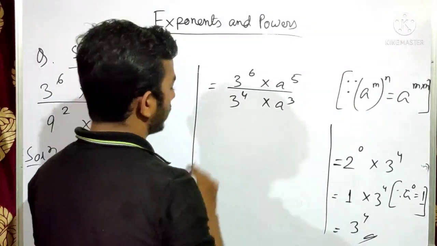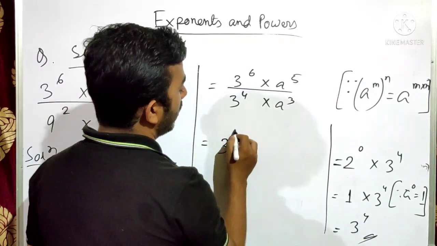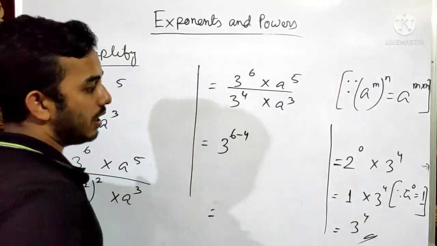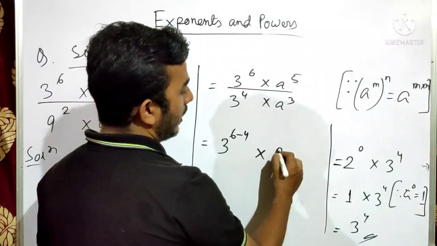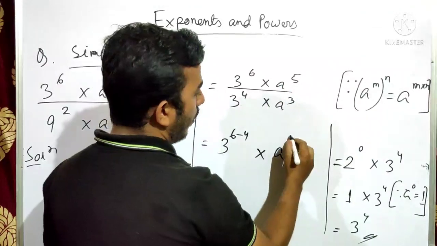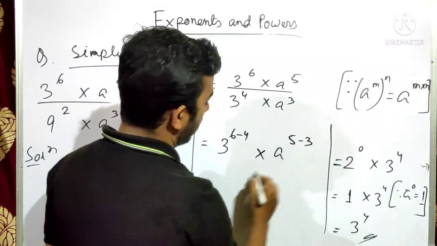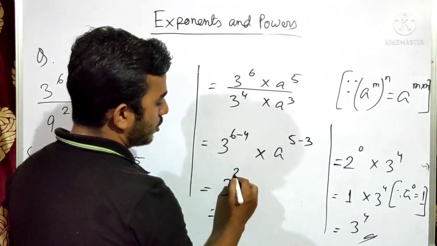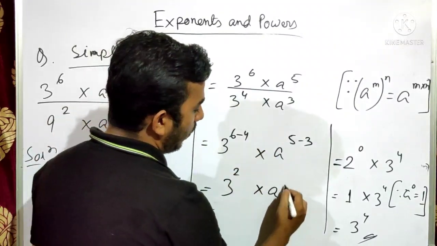Very good. Next, again a power m divided by a power n, it will be a power m minus n. Okay, now look, 3 power 6 minus 4 is how much? 2 into a power 2.